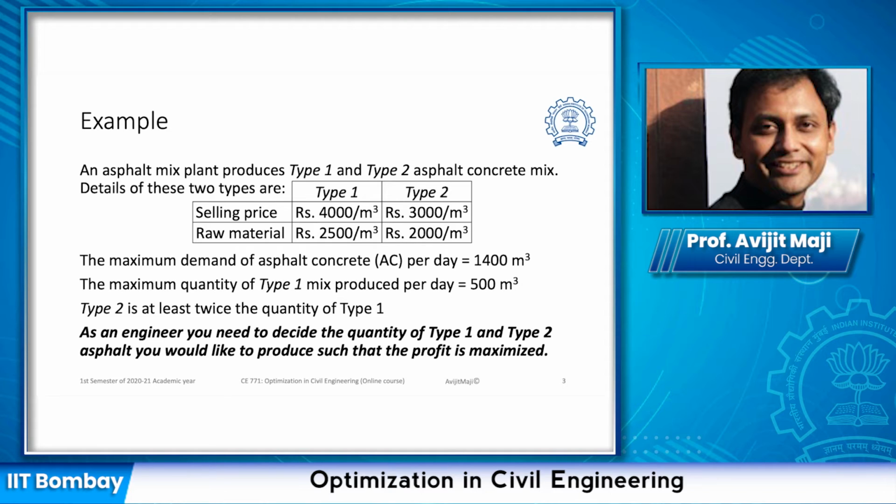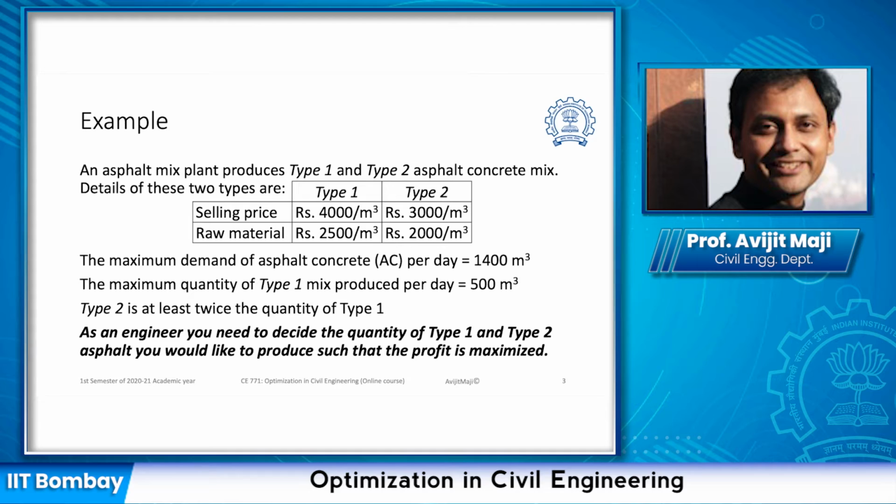So the first type of asphalt concrete mix, the selling price is 4000 rupees per meter cube, whereas the raw material required to mix and come up with this asphalt concrete mix is rupees 2500 per meter cube. On the other hand, there is another asphalt concrete mix whose selling price in the market is rupees 3000 per meter cube.